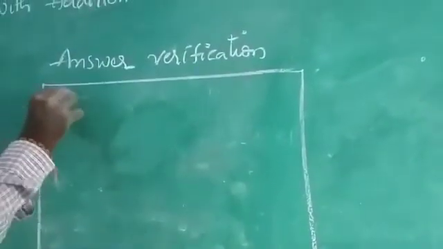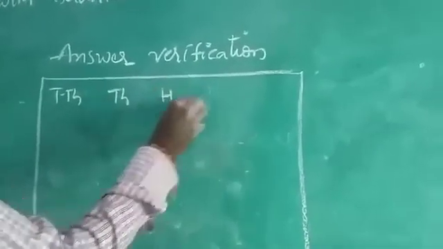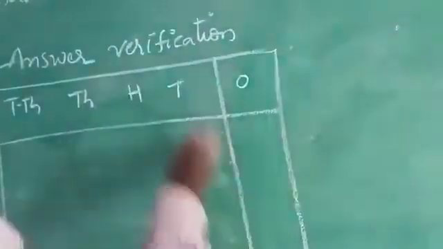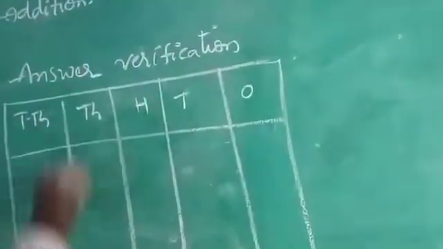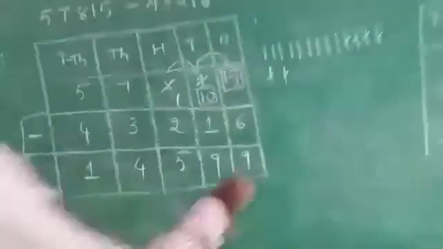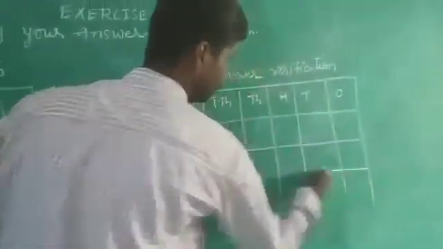See, 10,000s, thousands, hundreds, tens, ones. You need to write the answer clearly here. The boxes I am making here.